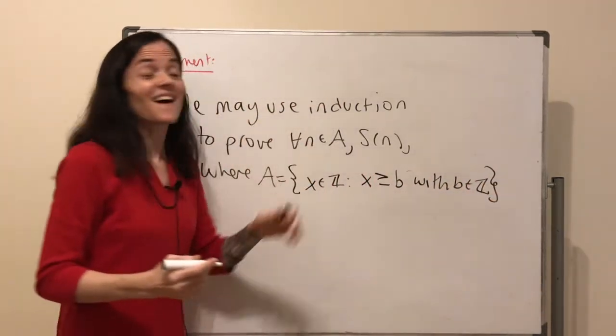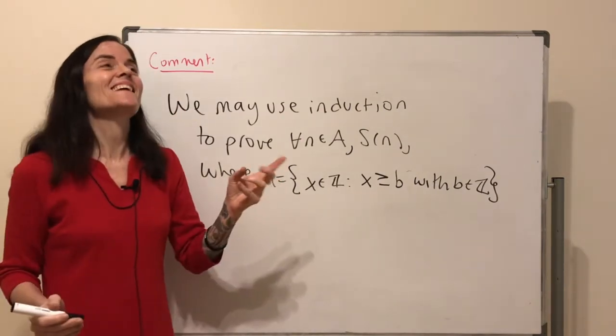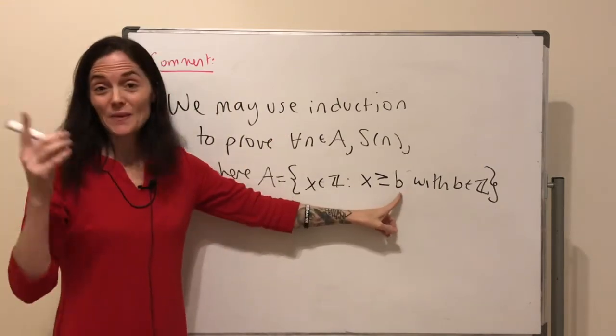And this is what we saw in this last example. We proved that combinatorial identity for integers n bigger than or equal to 3, that was the B, but you can really start anywhere.